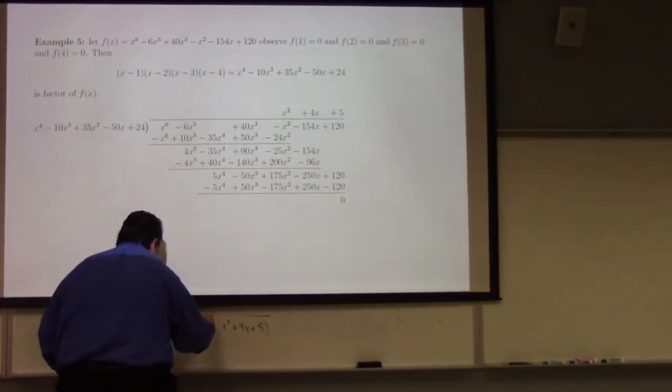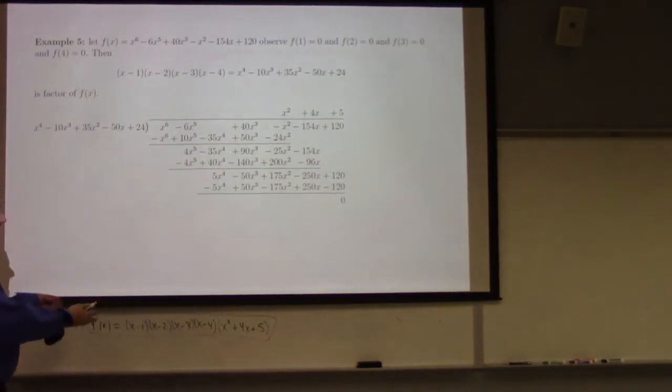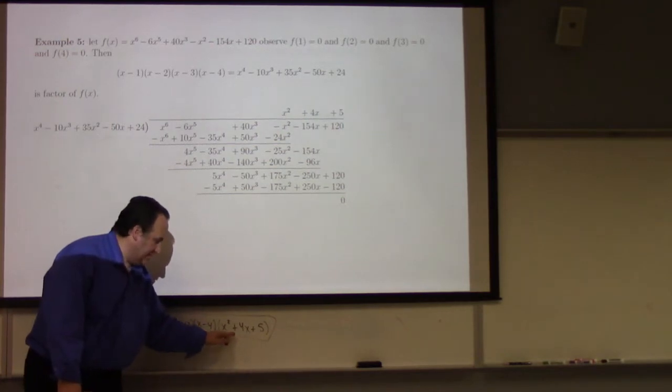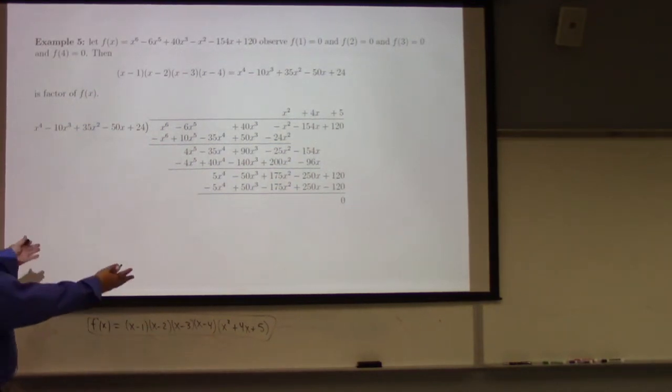And so there you go. That is f of x completely factored in this case. And I know it's completely factored because this last one is prime. You can complete the square on this and see that it's x plus 2 squared plus 1. That's prime. We've dealt with that one before. And so there it is.